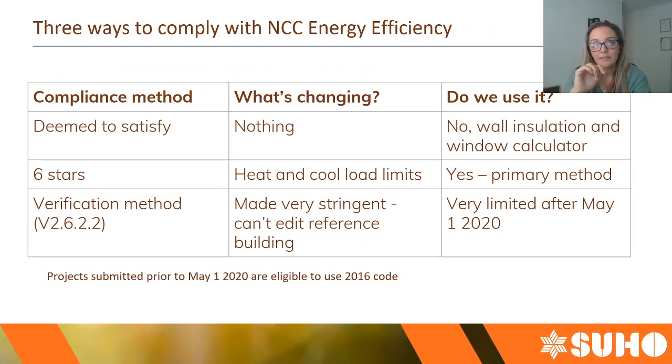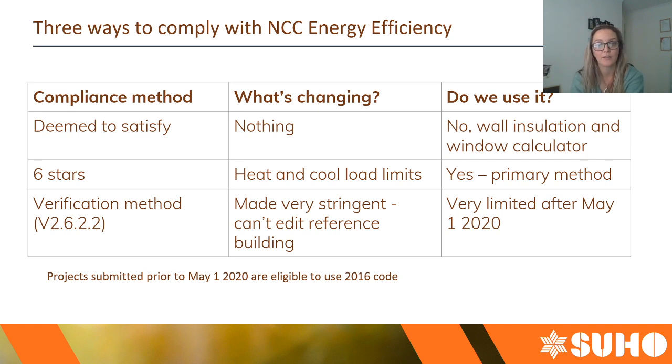Under section 3.12 in volume 2 of the building code, there are 3 different ways you can obtain compliance with the energy efficiency requirements. That hasn't changed. So NCC 2016 and NCC 2019, the 3 options are still there. It's just that the parameters around them have slightly changed. So deemed to satisfy, well, that one hasn't changed.